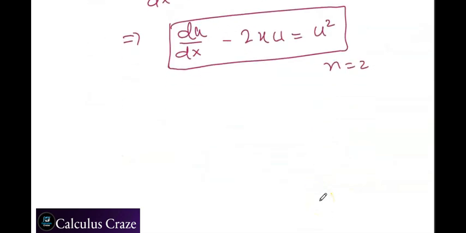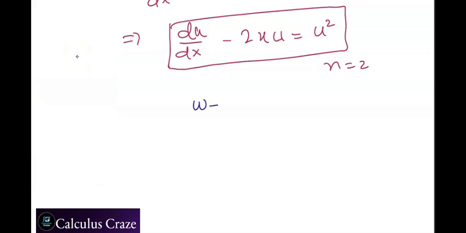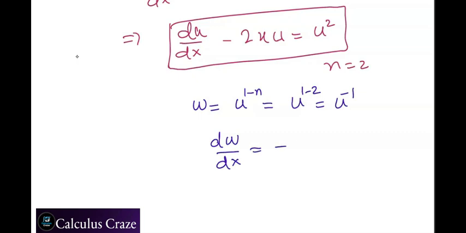So I'll bring another variable change, and now I'll define w equal to u power 1 minus n, which is u power 1 minus 2, which is u power minus 1, and my derivative of w is going to be minus u times minus 2, the derivative of u with respect to x.